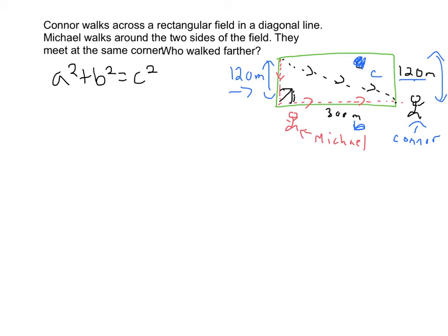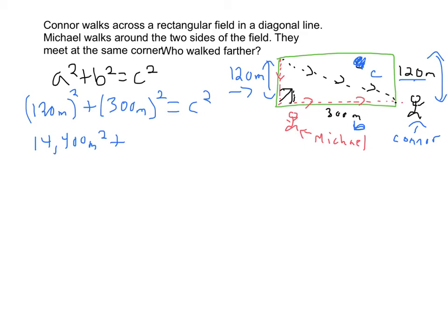So when I fill it in, we're going to have 120 meters squared plus B is 300 meters squared equals C squared. When I square 120, that's like saying 120 times 120, I get 14,400 meters squared.